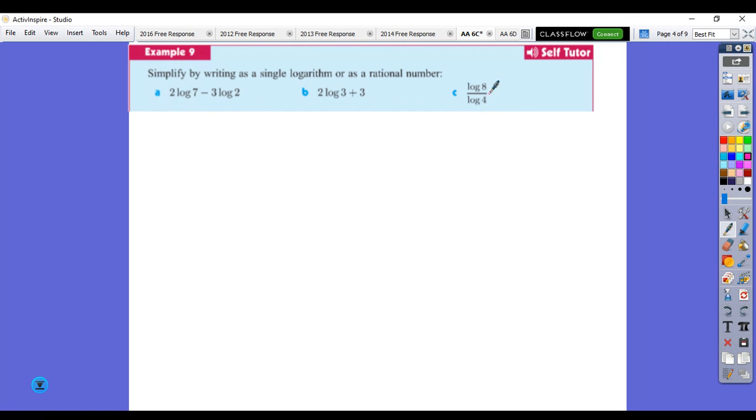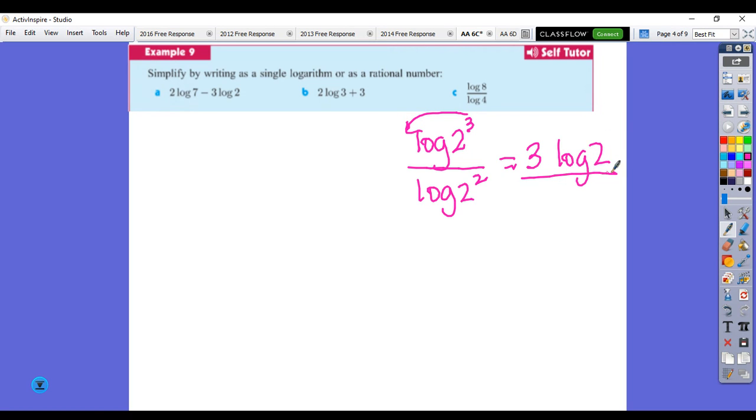First thing we're going to do is replace both of these. These are both 2 to a power. 8 is 2 to the third. 4 is 2 squared. Now I can move my exponents to the front. So I'm going to move this exponent to the front. 3 times log 2.